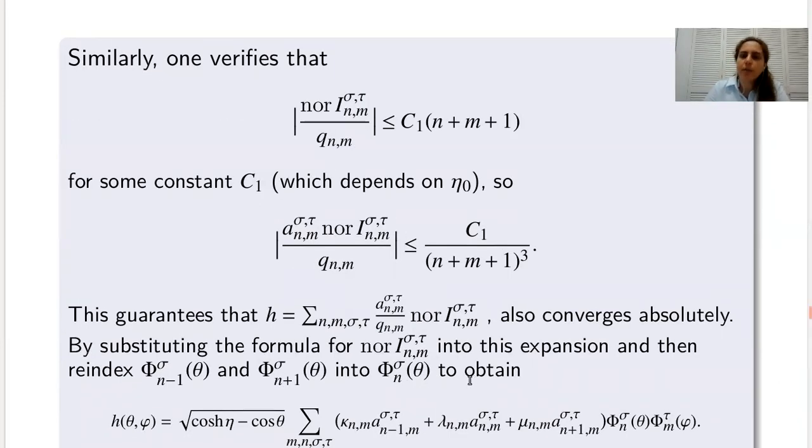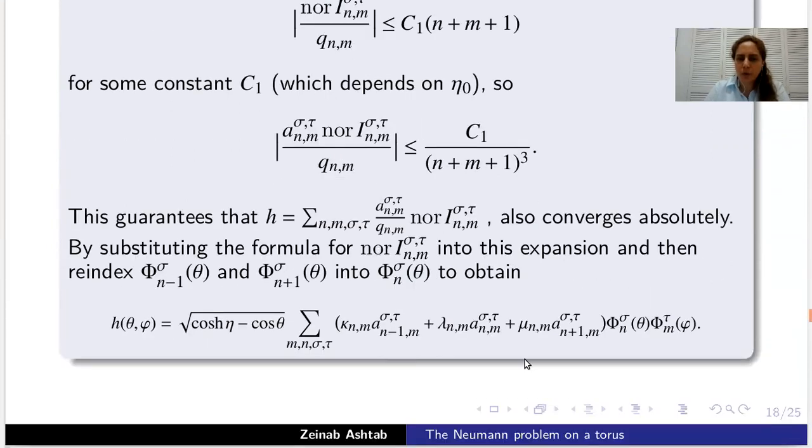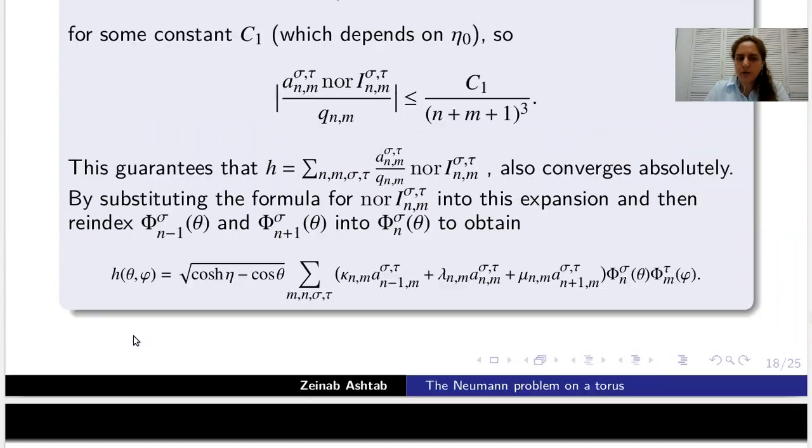Then, by substituting the norm of I in this expansion and reindexing phi n theta, phi n minus 1 sigma tau and phi n plus 1 sigma tau into phi n sigma tau, we can obtain these equalities for function h of theta phi.